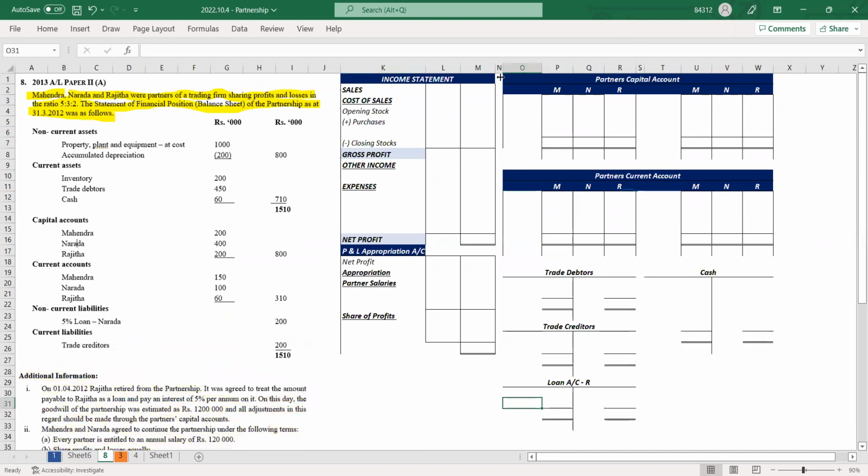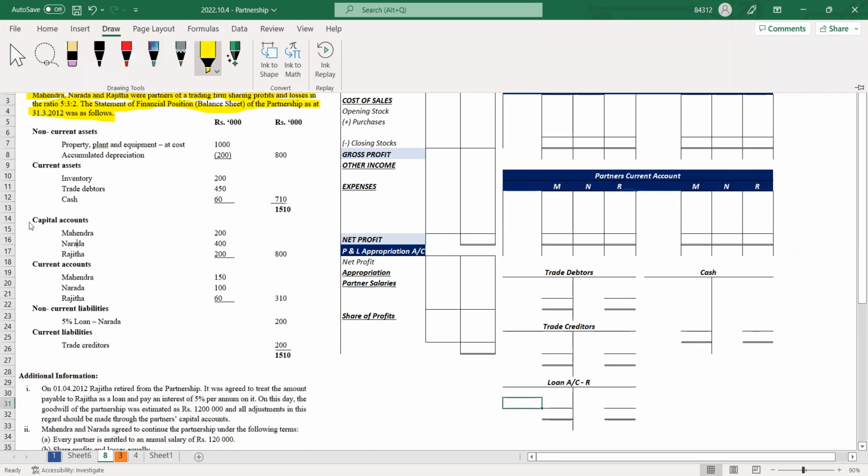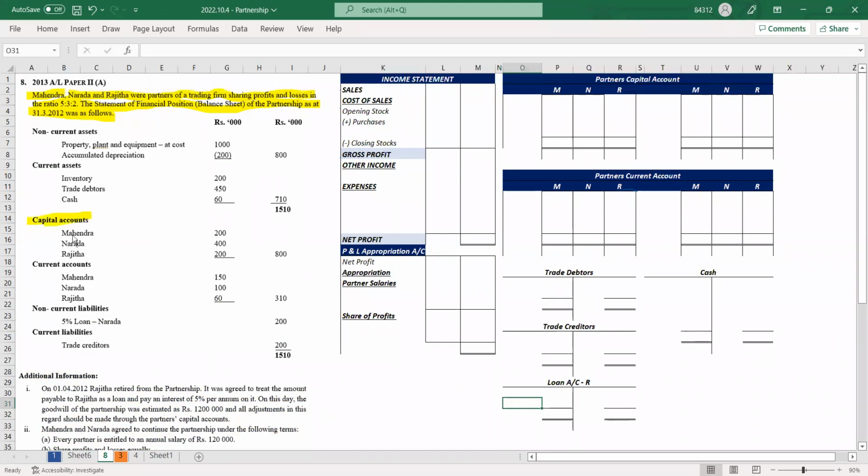We will record the capital account balances and current account balances.